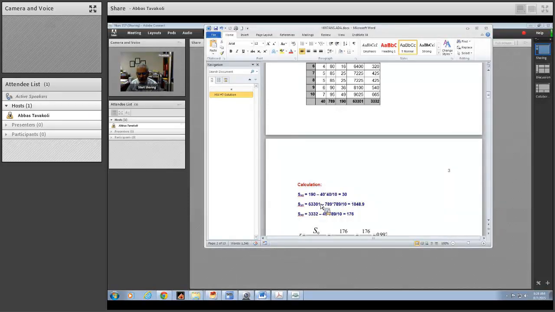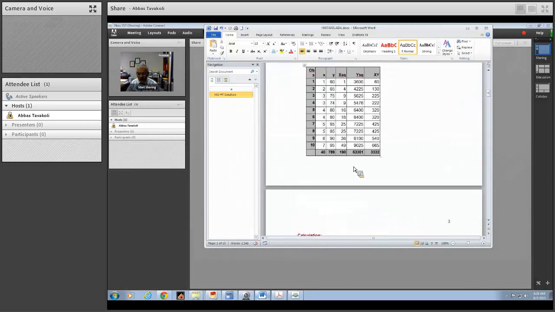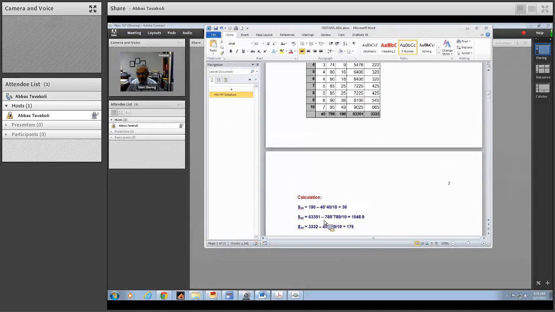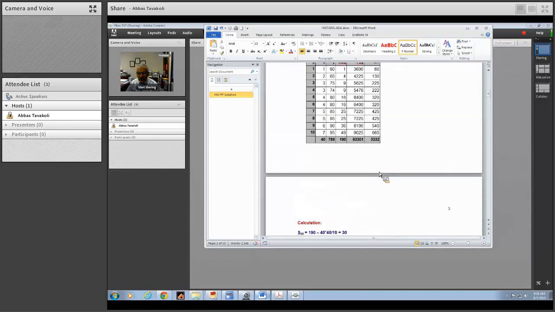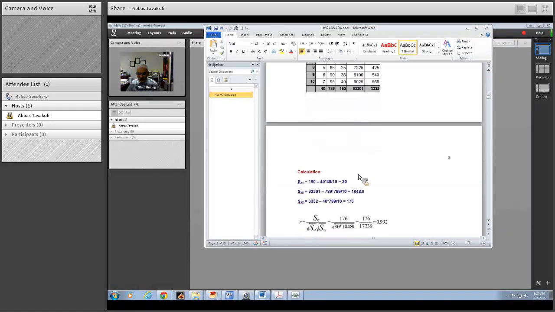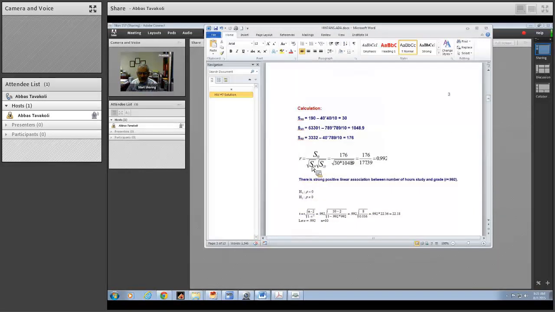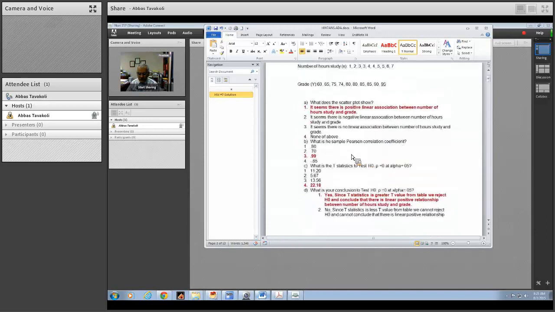The same for y squared, which is 63301 minus the mean y bar squared divided by 10, and then SXY, which was 3,332 minus x bar times y bar divided by n. And then you can easily calculate R from SXY over the square root of SXX and SYY, and you get 0.99, which was the correct answer.